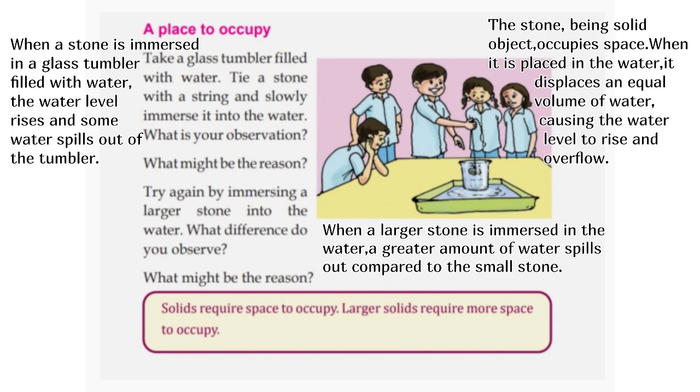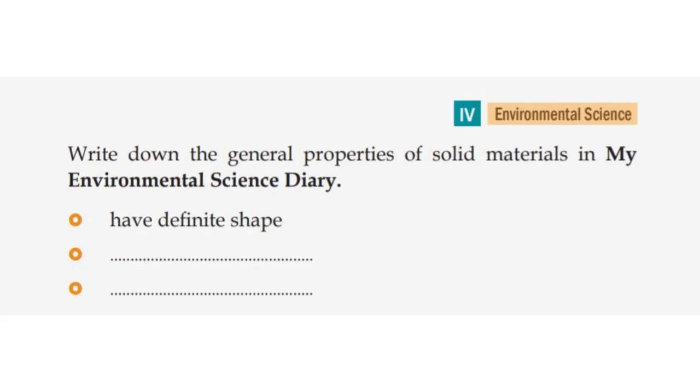Solids require space to occupy. Larger solids require more space to occupy. Write down the general properties of solid materials in my environmental science diary. Have definite shape, have definite volume, are rigid and do not flow.